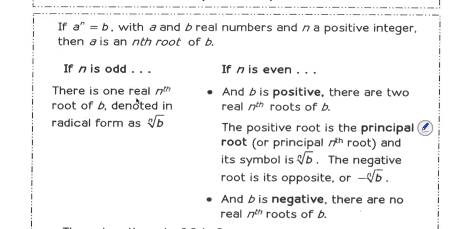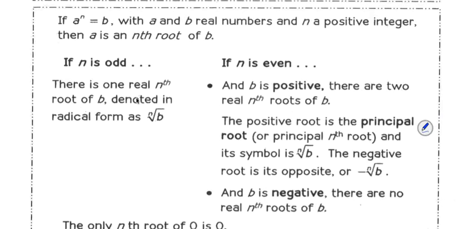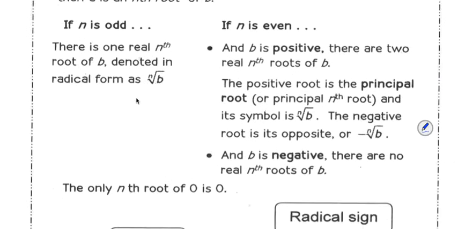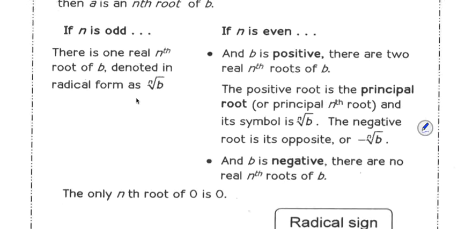Okay? Now, a couple things. This is kind of telling you the difference between an odd root and an even root. Okay, so if your index is odd, there's only ever going to be one root, okay? And the simple reason is kind of this. I can show you two different examples, right? The cube root of 8 and the cube root of negative 8.